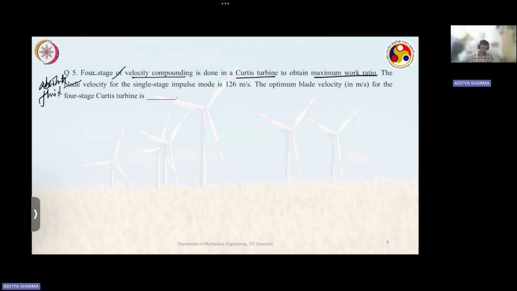And we have the absolute fluid velocity.